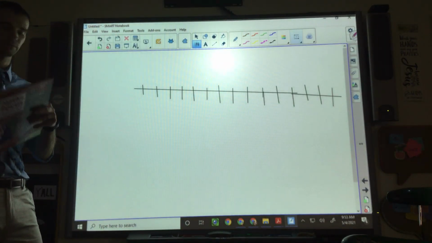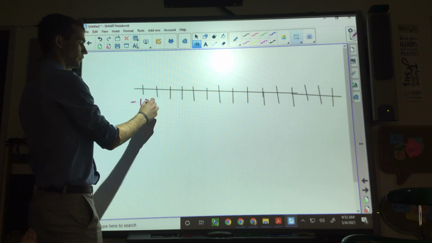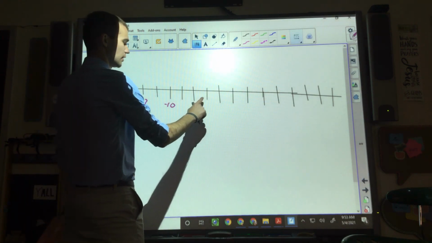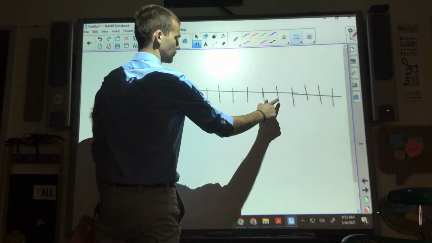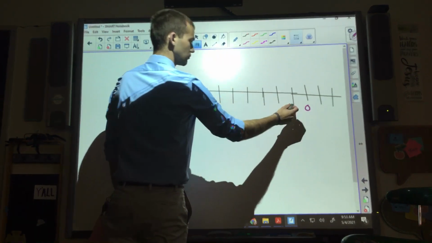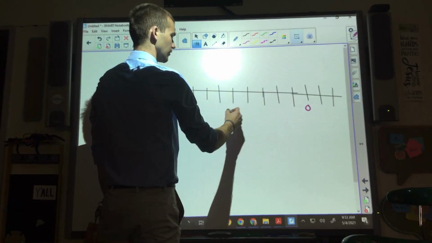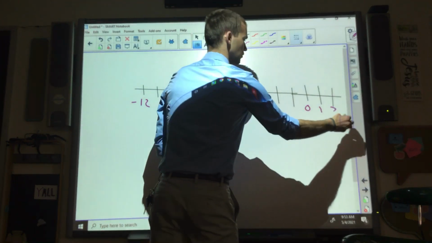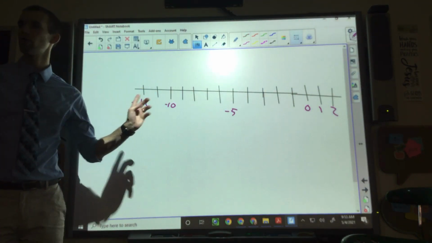Okay, so they've got their number line there. We've got negative 12 here, negative 10, 9, 8, 7, 6, 5, 4, 3, 2, 1, 0. 1, 2, 3, 4, 5. Why did I not fill in every single number there?